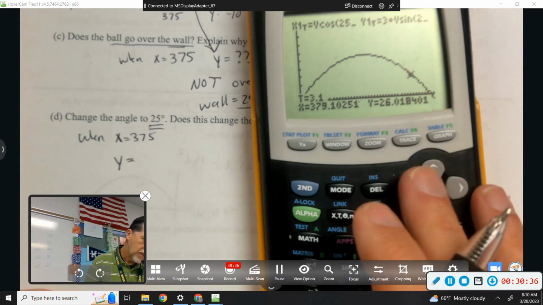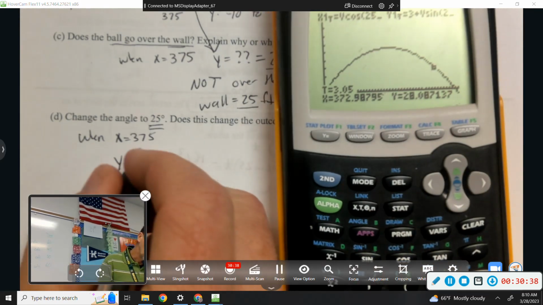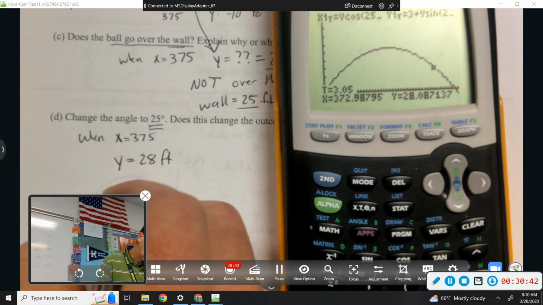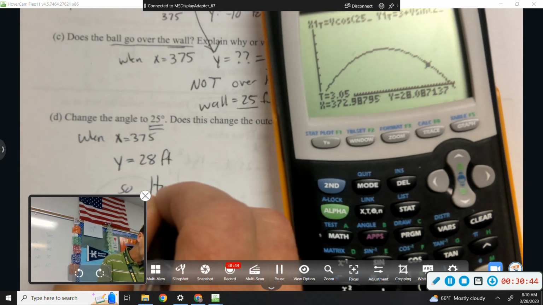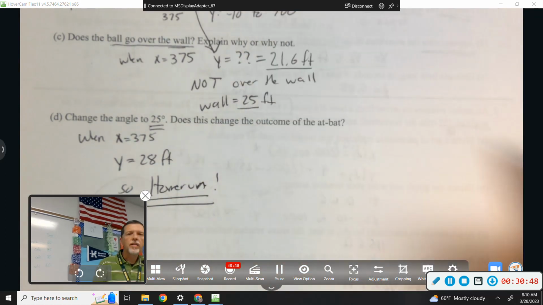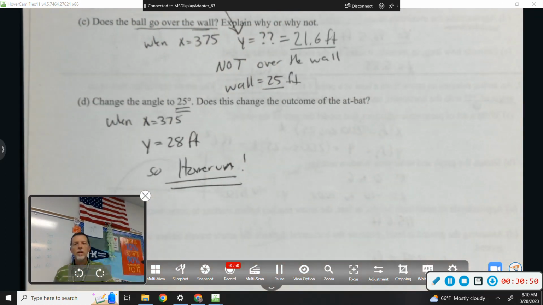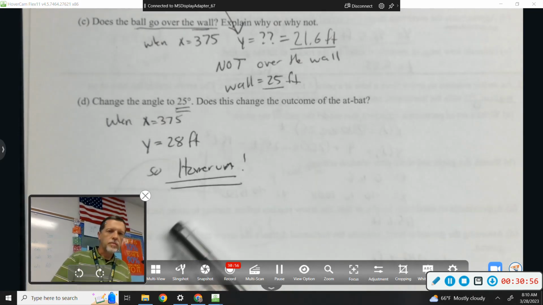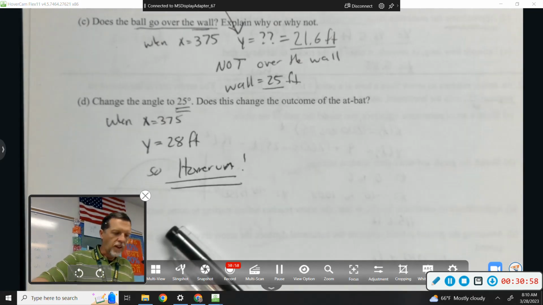So I guess 372 is a little closer. Y equals 28 feet, so home run. Home run or not, based on 1 degree of launch angle. It's almost like I knew that ahead of time and planned that problem out to work that way.